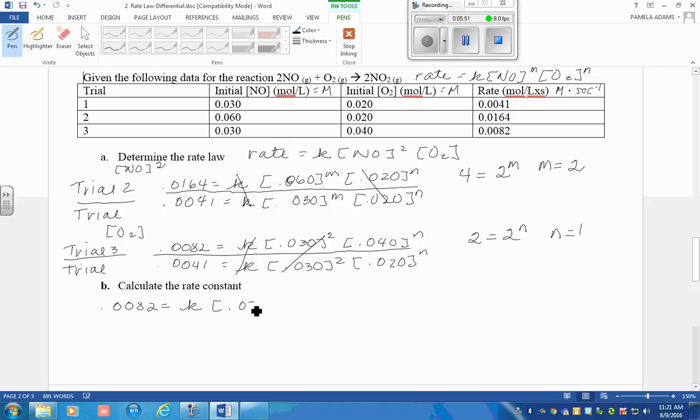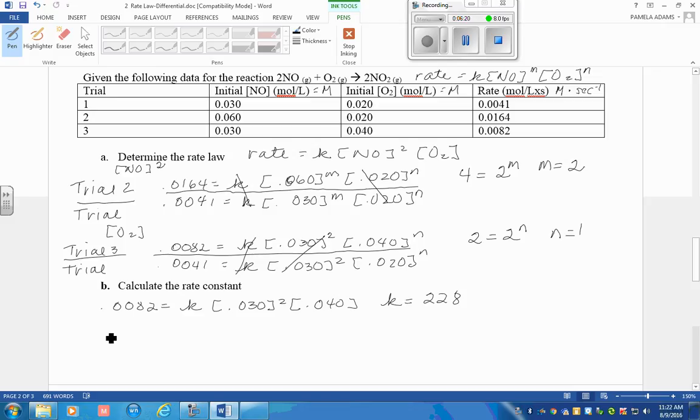NO is 0.030 raised to the second power, and O2 is 0.040 raised to the first power. And that will give us, when we square this, multiply by that, and divide that into this, k is equal to 228. The big deal in the rate law constant is the unit.